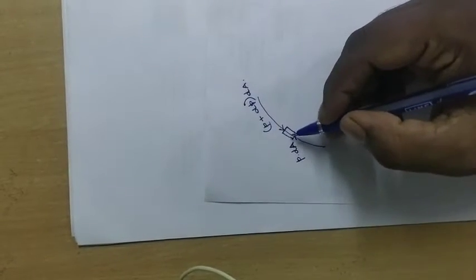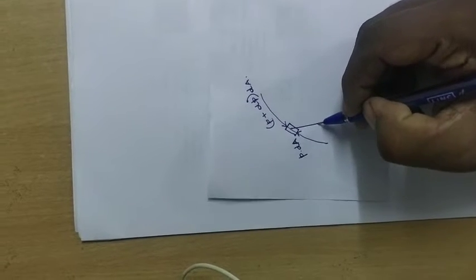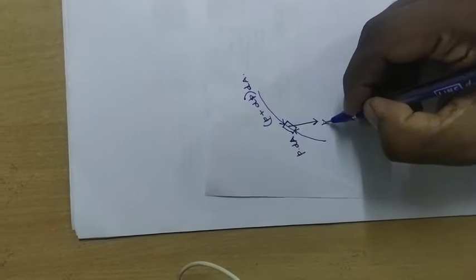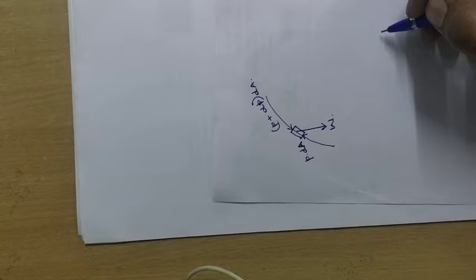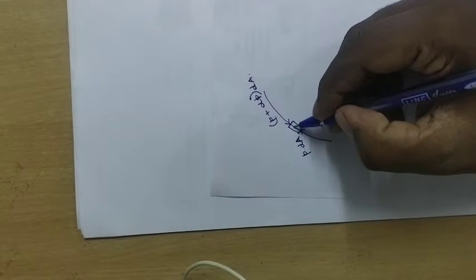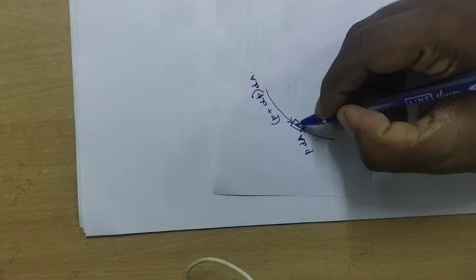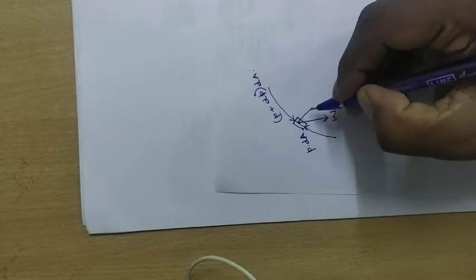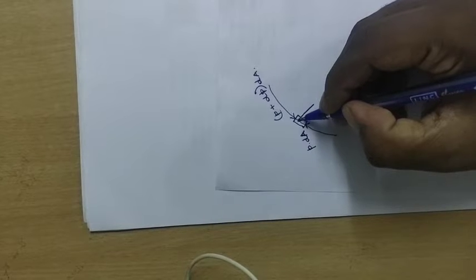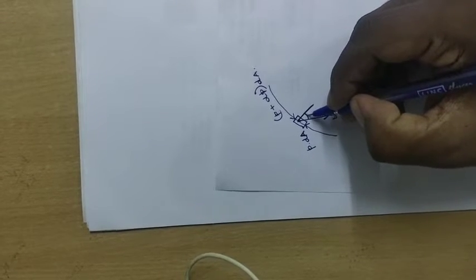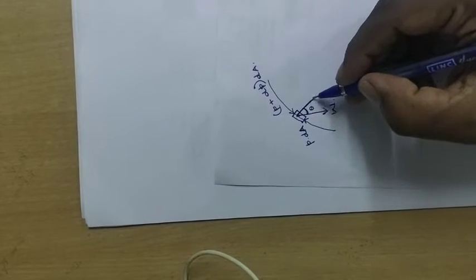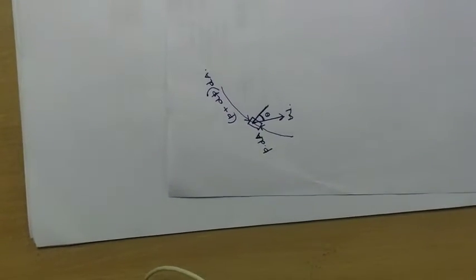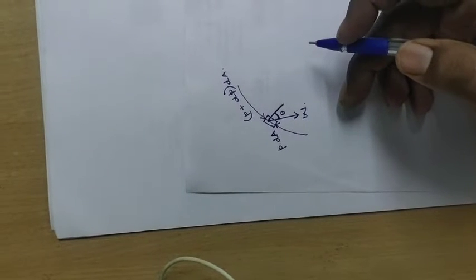These are the two forces, and one more is the self weight of this fluid particle, W, right? Which will have some angle. If you make a normal line, between the self weight direction and the normal line there will be some angle, right?